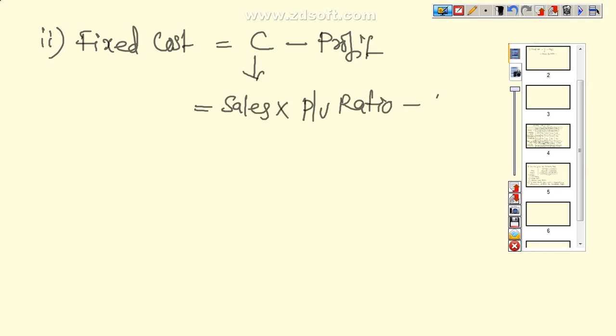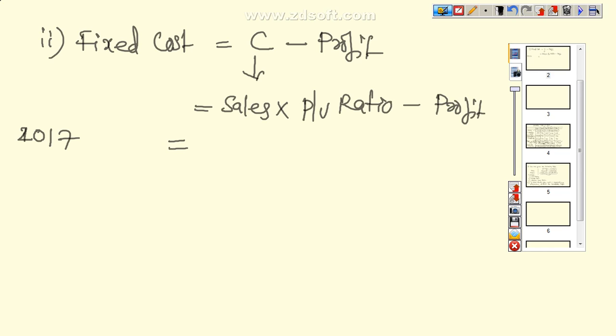Now, the most important point to remember: fixed cost, also known as fixed expenses or fixed overhead, remains constant for both the time periods. So we can calculate on the basis of 2017 as well as 2018. The answer should be the same.